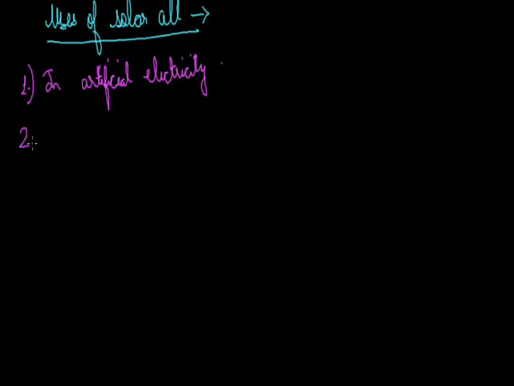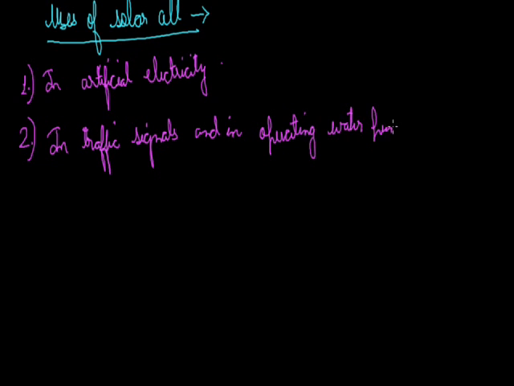Nowadays, these solar cells are also used in traffic signals, for operating water pumps, or for running radio and television sets in remote areas where the supply of electricity is not regular or continuous. They are also used in electronic watches and calculators.